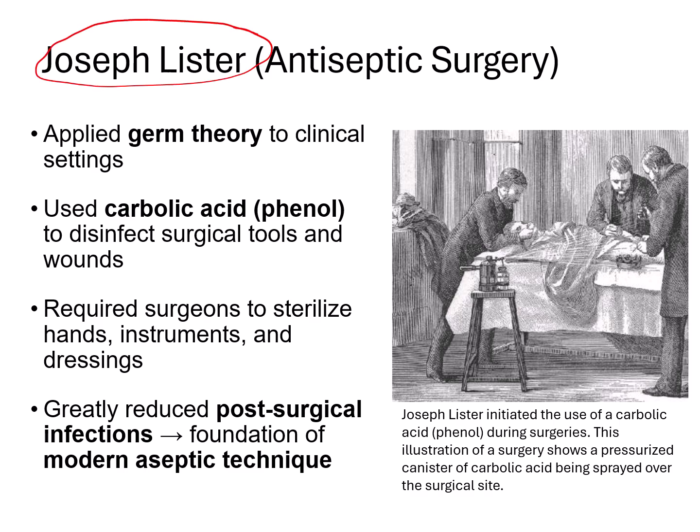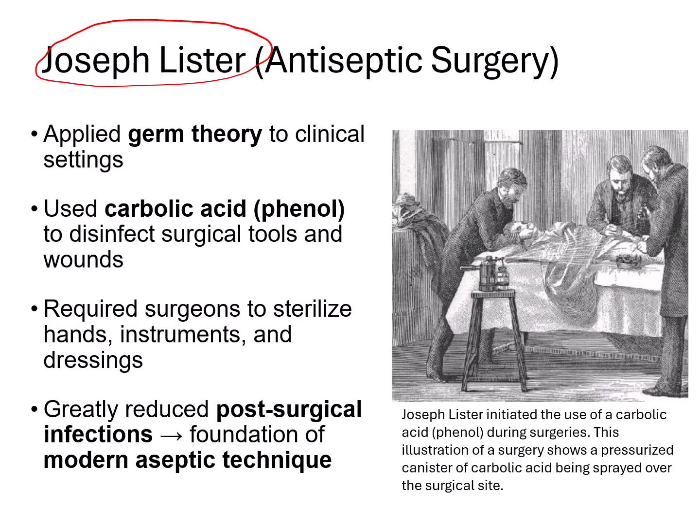Joseph Lister was an English surgeon who extended germ theory into surgery. Back then, most physicians did not wash their hands between patient visits or clean or sterilize their surgical tools. Now we think that's pretty gross, but back then that was common practice. But Lister required surgeons to disinfect their instruments and wash their hands using carbolic acid.